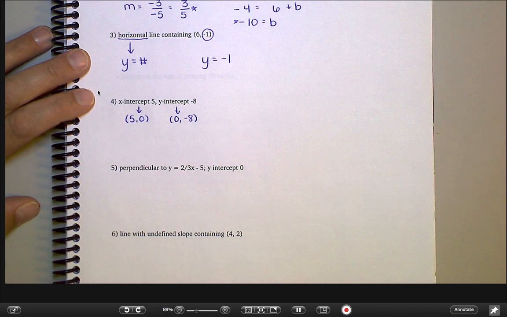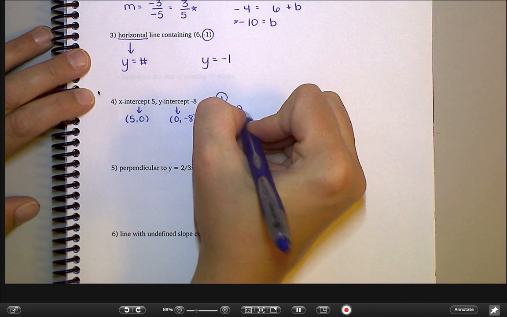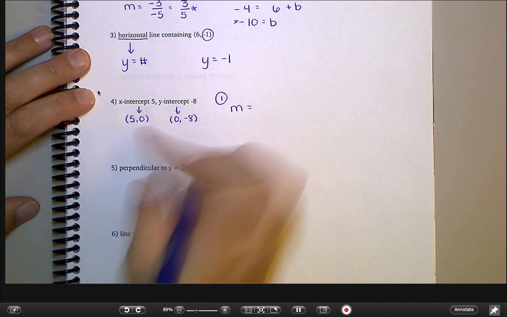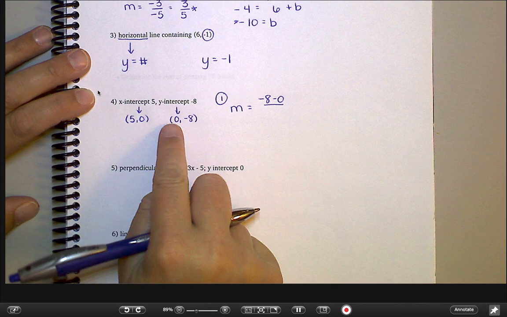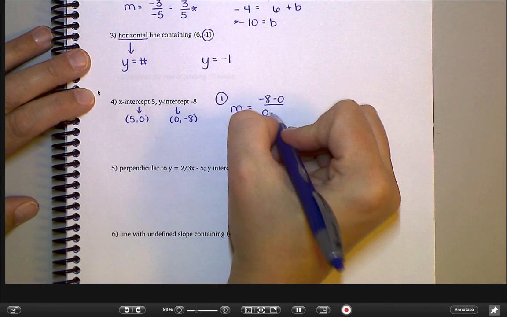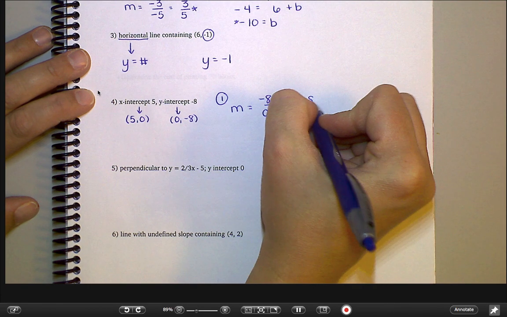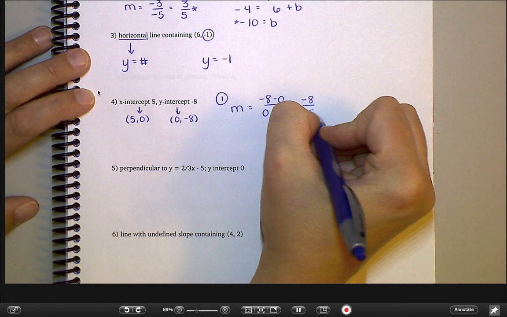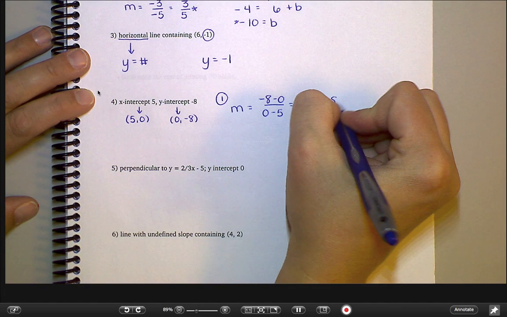Okay, so my first step now, finding the slope, would look like this. y2 minus y1, so negative 8 minus 0, over x2 minus x1, so that's 0 minus 5. So I end up with negative 8 over negative 5, which reduces to 8 over 5.